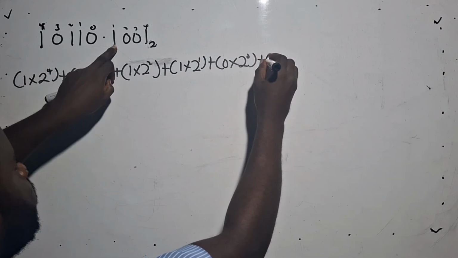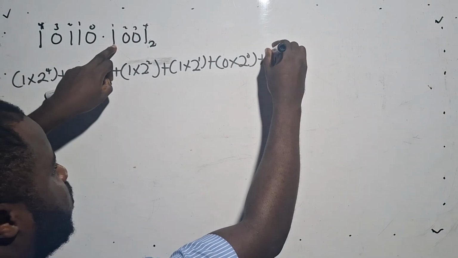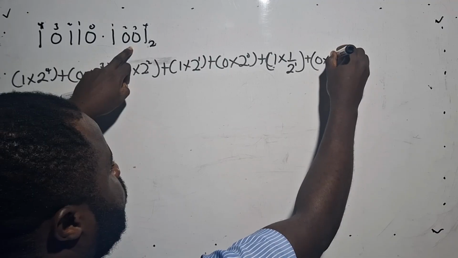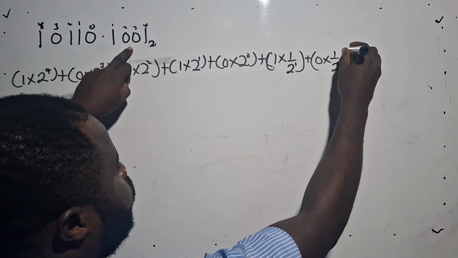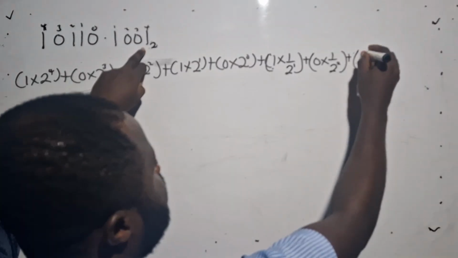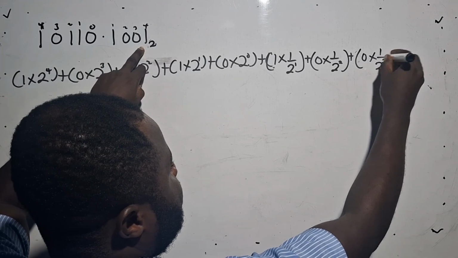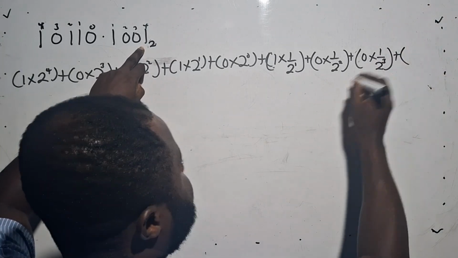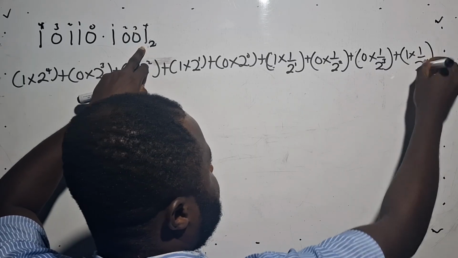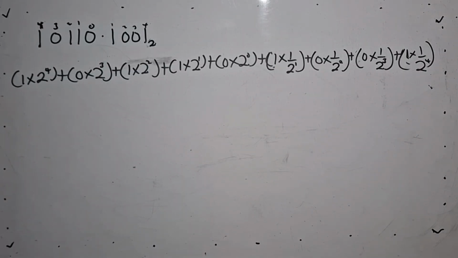Now plus 1 times 1 on 2 power 1, plus 0 times 1 on 2 power 2, plus 0 times 1 on 2 power 3, plus 1 times 1 on 2 power 4.